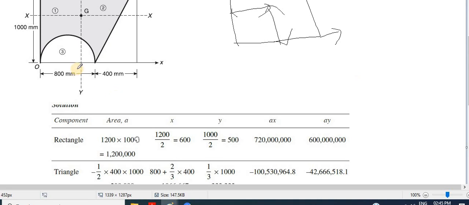Next is X2. What is X2? From here to here is the distance. I know the formula only from here to here, that is b by 3, 400 by 3. But I don't know from here to here what the distance is. What can I do? The total distance is 1200, so 1200 minus this distance, which is 400 by 3.